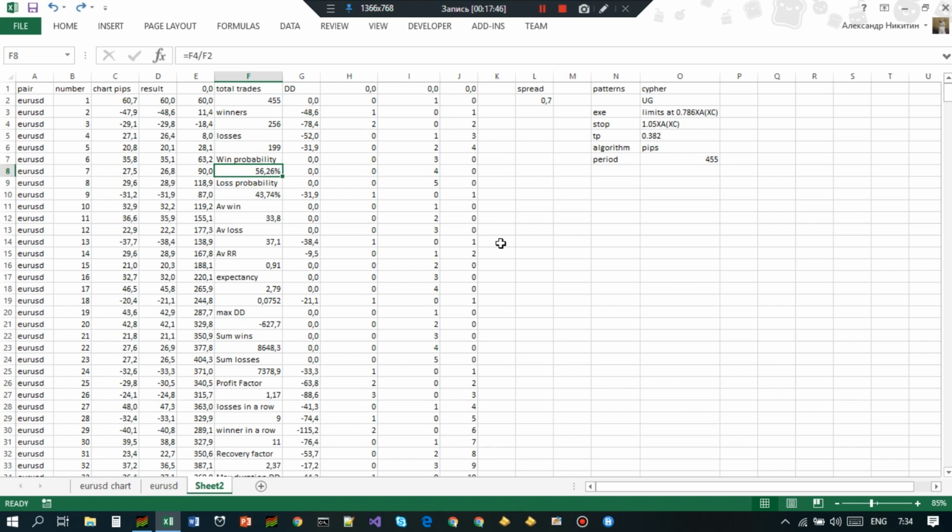You don't expect that trade to lose. And this is appealing to newbies, but in the long run it does not give you as many profits as it seems to give. So let's calculate the number of winners here, and they are already calculated. They are 256.